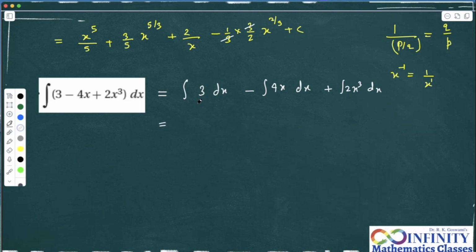Just before this, whenever there is a constant term, you need to take that constant out of the sign of integration. It is 3 times integral of 1 dx. Negative, because there is a constant term 4, you can take the constant out. You need to write it down like this. And again, you are taking the constant out. You are writing like this. Any doubt?